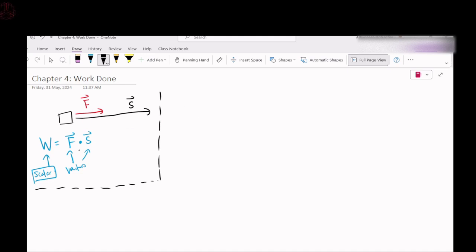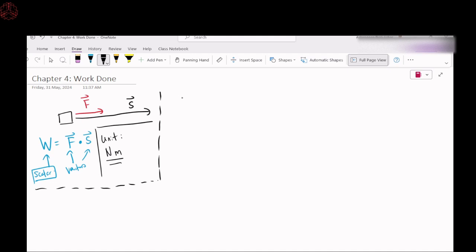The units are easy to see: I have Newton for force and meters for displacement, so the unit is simply Newton meter.